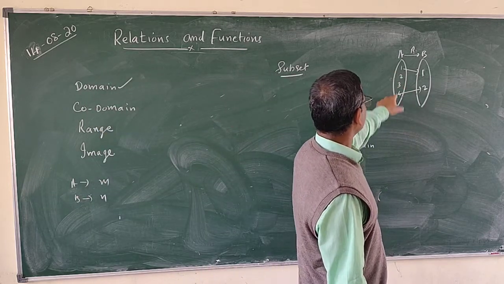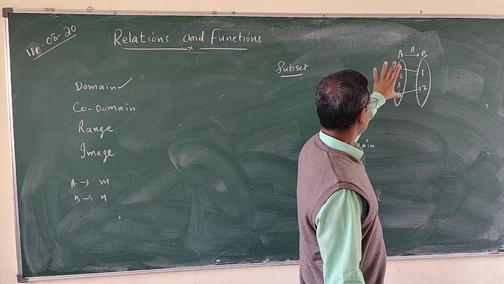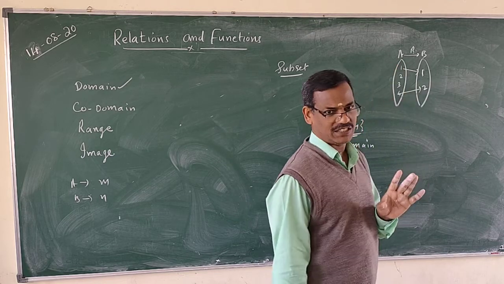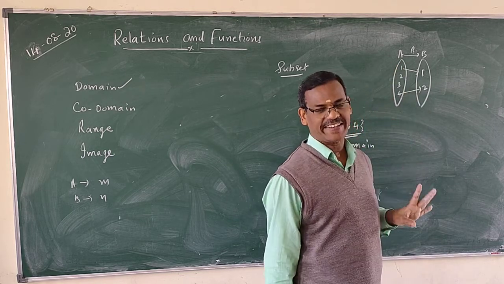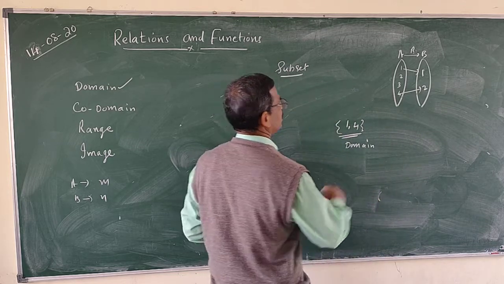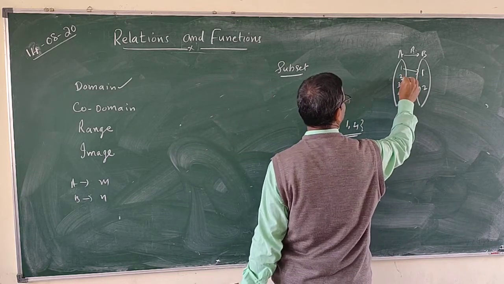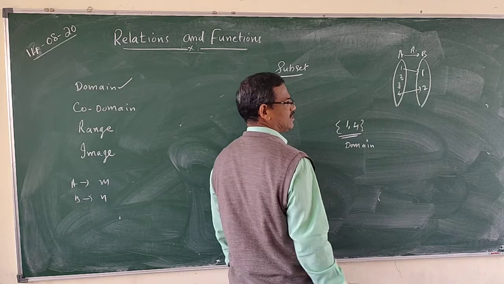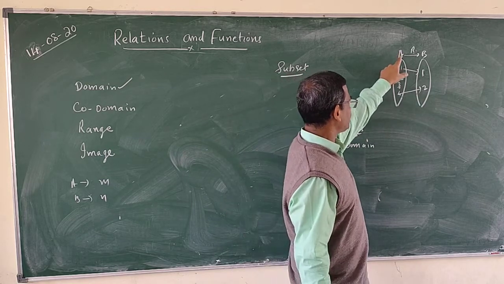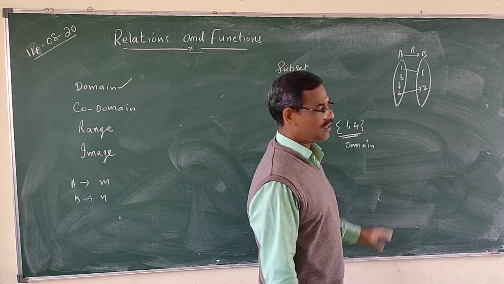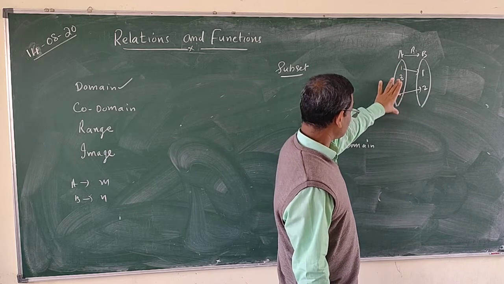Domain of a relation is the set of points of the first set which are connected. So here the 2 and 3 do not have any connection. So we cannot call the complete A the domain. Which are the elements of this set?